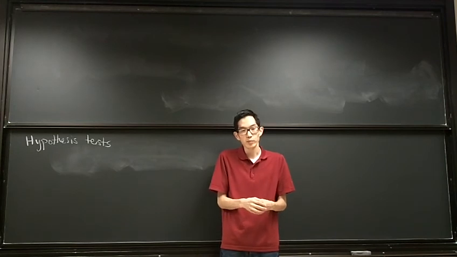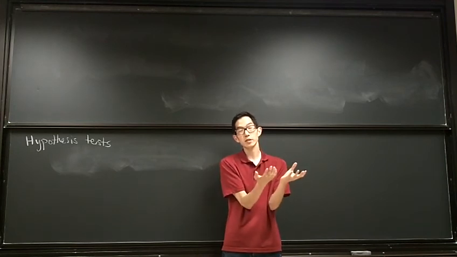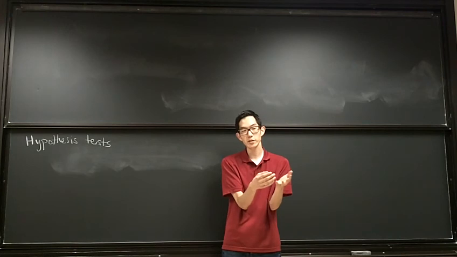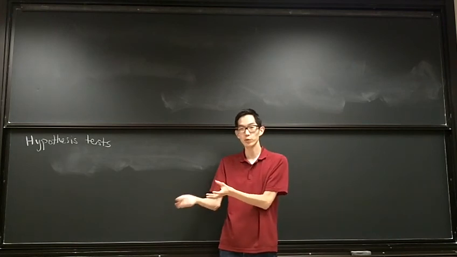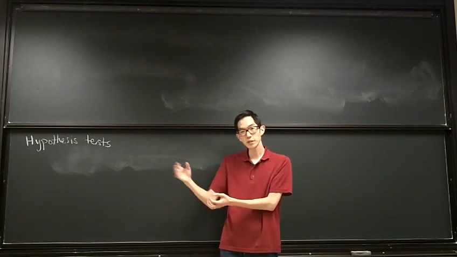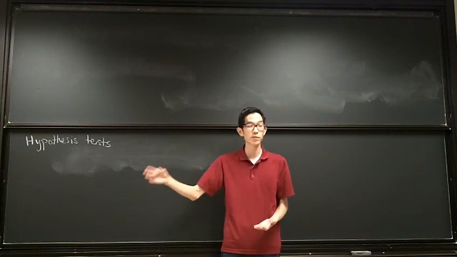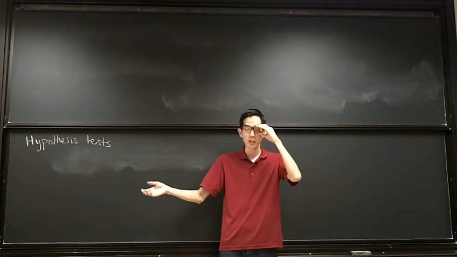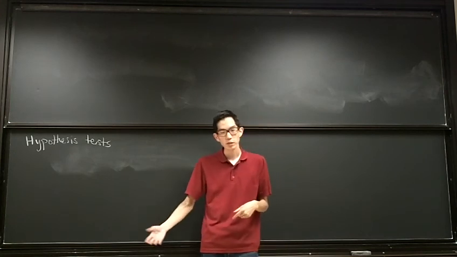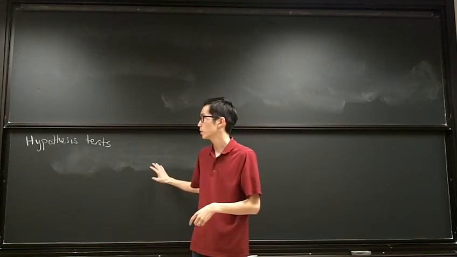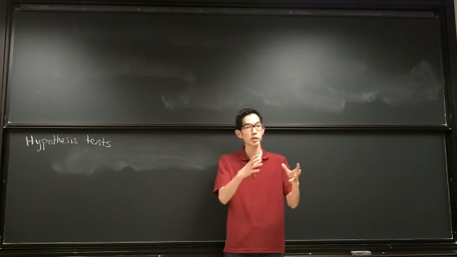So, if a jury says there wasn't enough evidence to bring about a conviction, it doesn't necessarily mean that the defendant is innocent. It just means there wasn't enough evidence to bring a conviction, okay? And that's an important distinction to make, because that's how hypothesis tests work, okay?